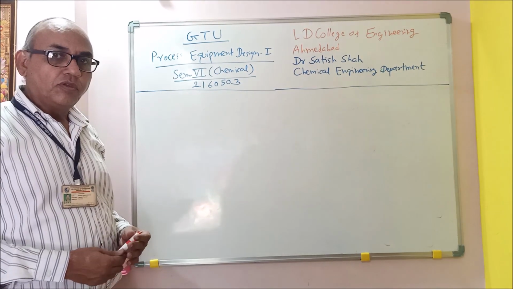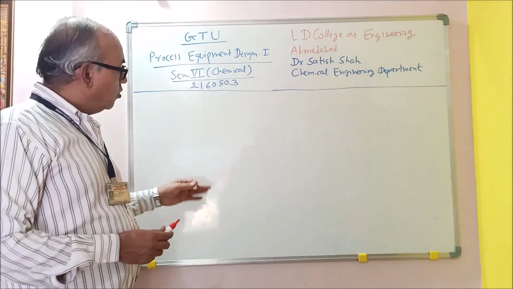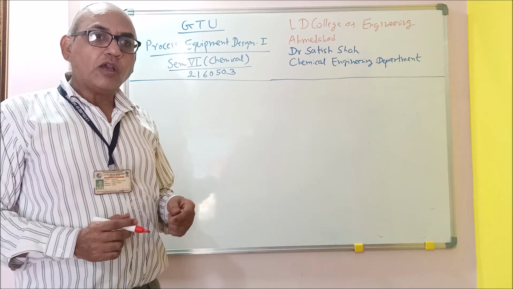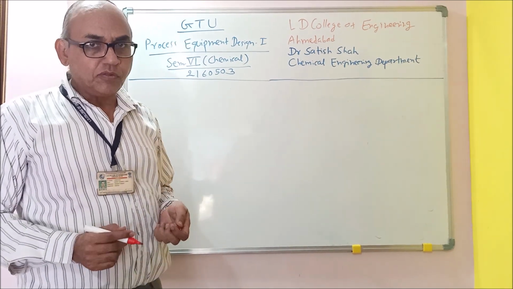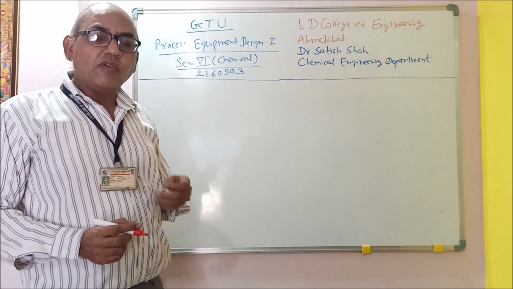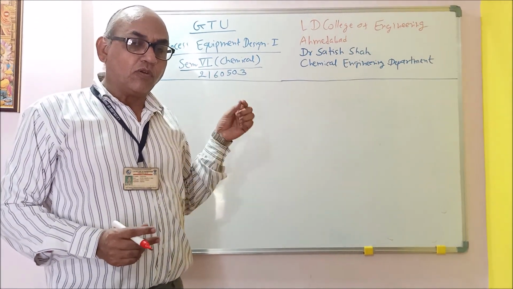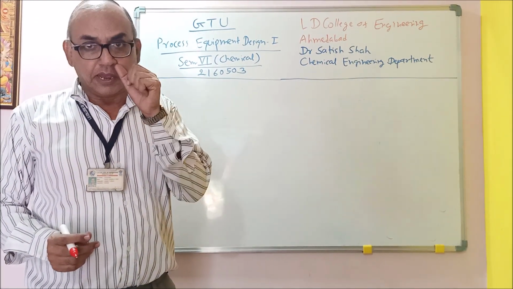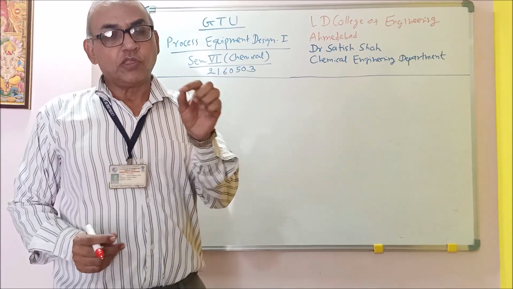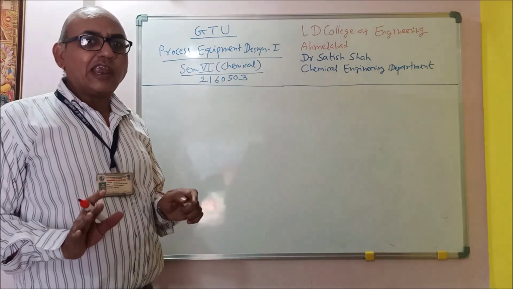So friends, we have seen the general steps for design of the shell and tube heat exchanger. Now let me discuss some important points which you have to take care of. Whenever you calculate the velocity on the water side, that velocity should be between 1.5 to 2.5 meter per second. This is a thumb rule.